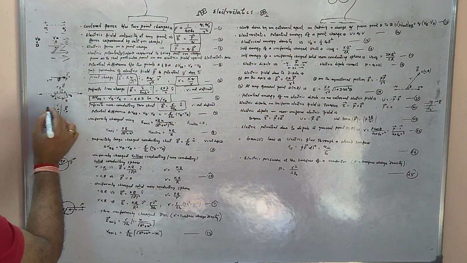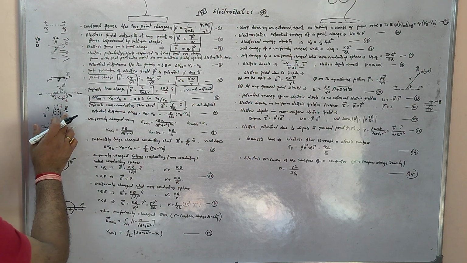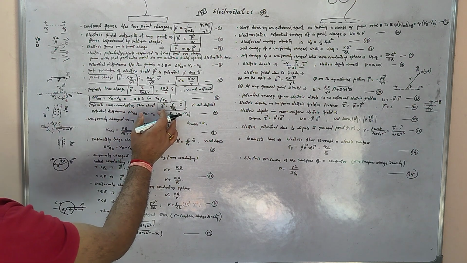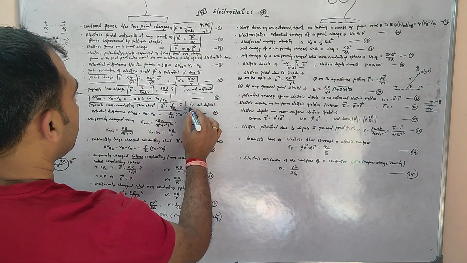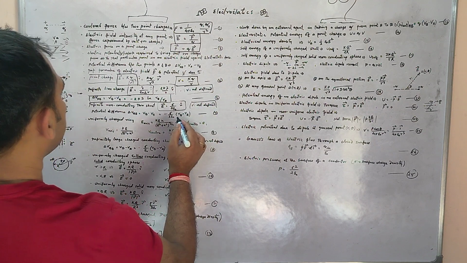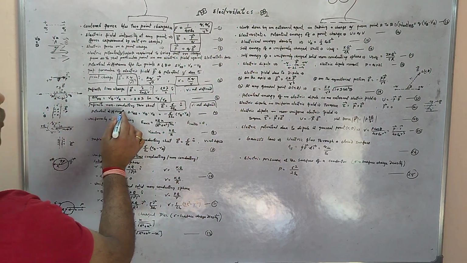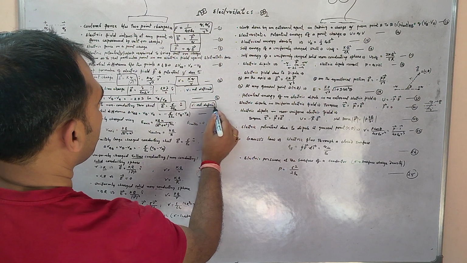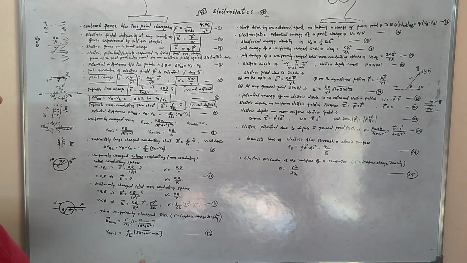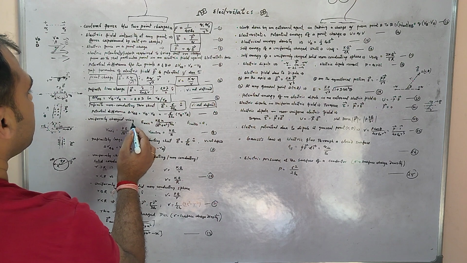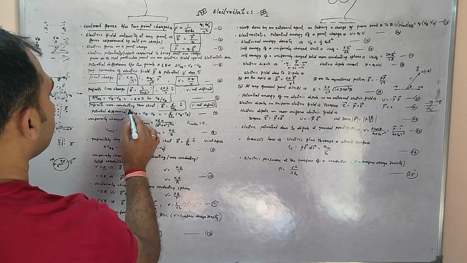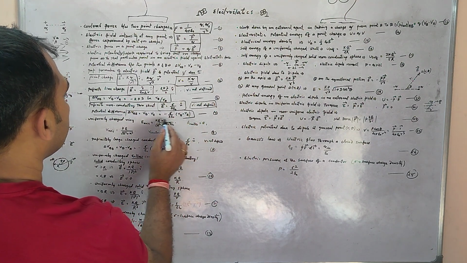So electric field at any point P nearby this will be equal to sigma upon 2 epsilon naught. Again, infinite non-conducting, so for infinite, V is not defined, we already know. But the potential difference can be given by this formula.